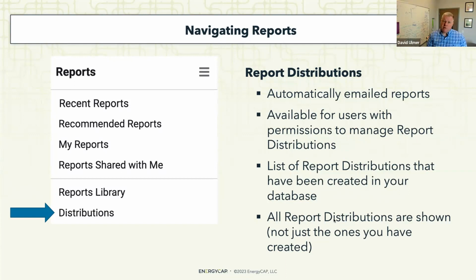And you have options to send reports on a daily, a weekly, a monthly, and even a quarterly basis. So you can configure it and have it automatically sent out to various individuals, whether they're currently EnergyCAP users or not. This is not available to every user. This is a permission that you can turn on or off. So you have the ability to turn it off for certain individuals who may not be in a position where they should be sending automated emails, and you can turn it on for others.